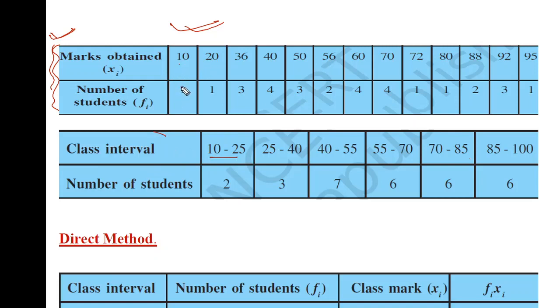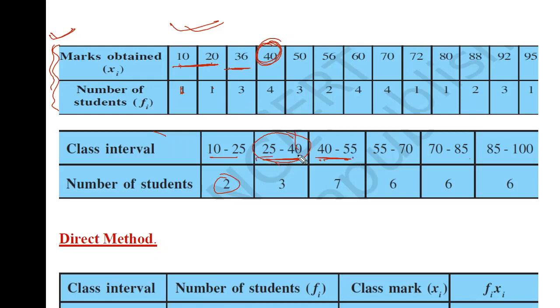Now you see 10 to 25. How many students are in the range 10 to 25? It is 2. Then 25 to 40. If you remember, this 40 will not come in the range 25 to 40; this 40 will come in the range 40 to 55.